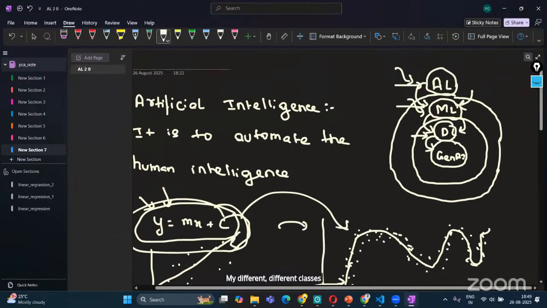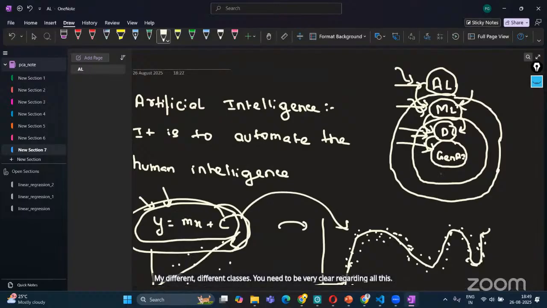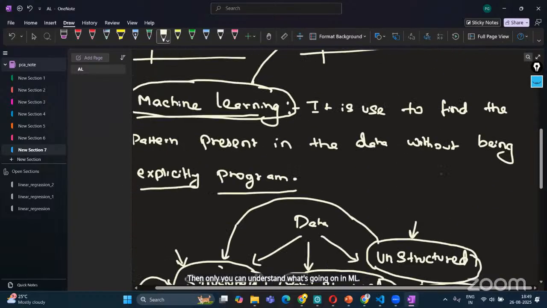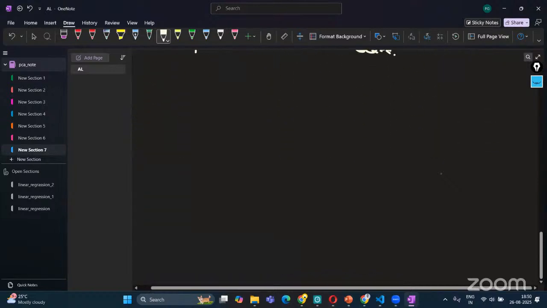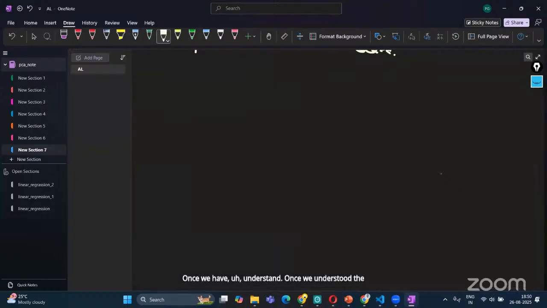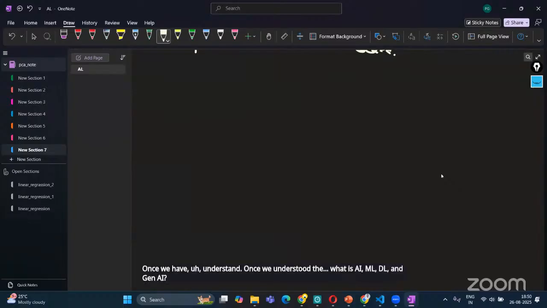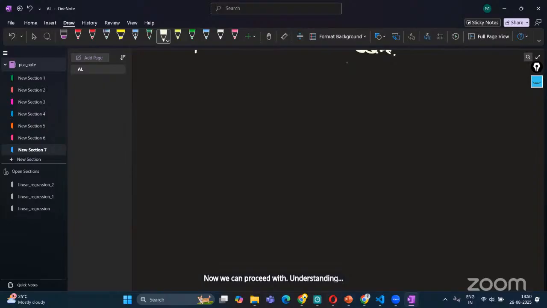So this is all the classification of the different classes. You need to be very clear regarding all this, and then only you can understand what's going on in ML. Now let's start with ML. Once we understood what is AI, ML, DL, and Gen AI, now we can proceed with understanding what is ML.